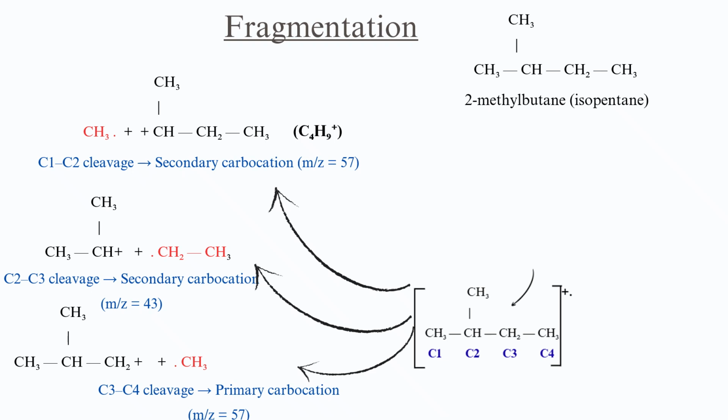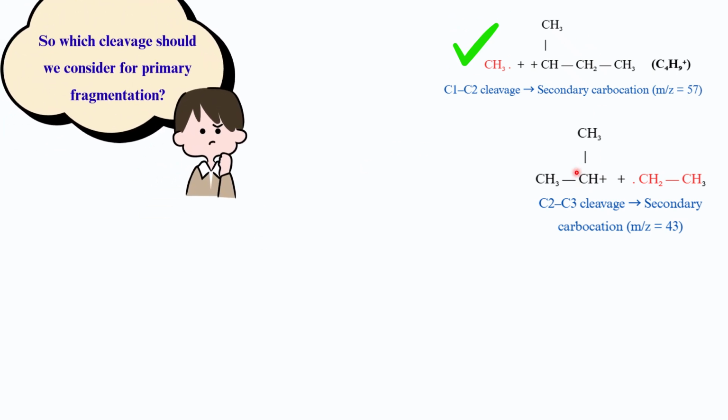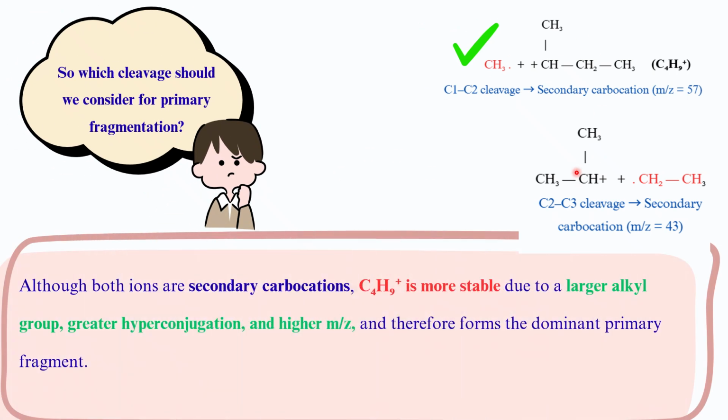Whenever we have these kinds of cases, we look for the highest stability of the carbocation. In the third option we had a primary carbocation, and in the others a secondary carbocation. This means these two are more stable compared to the third one.